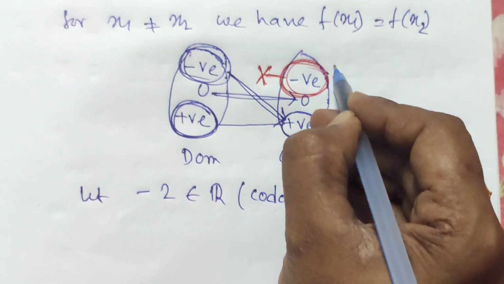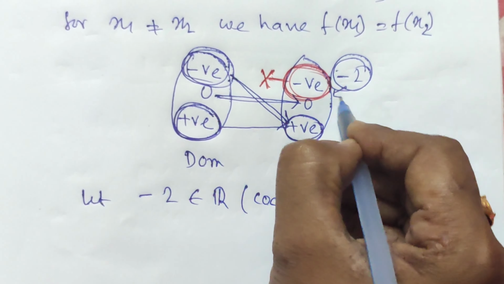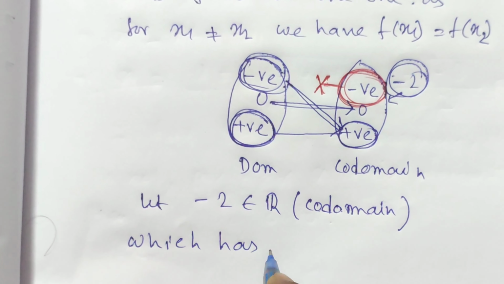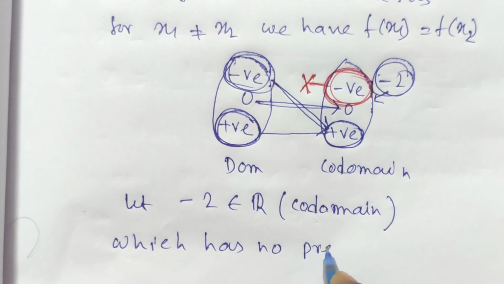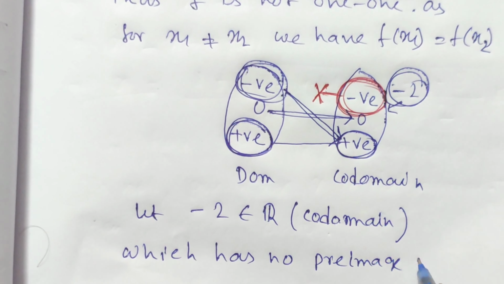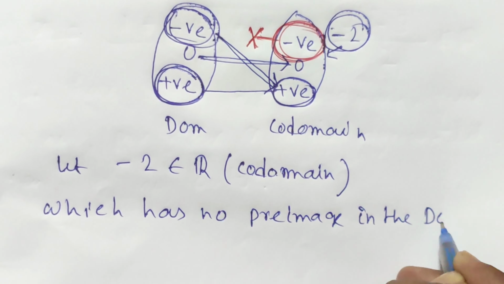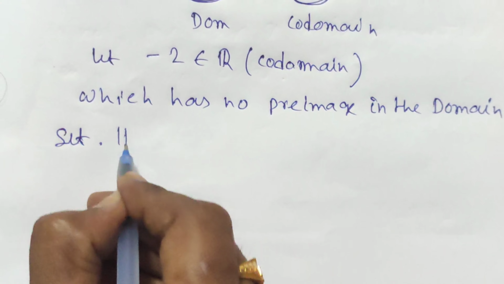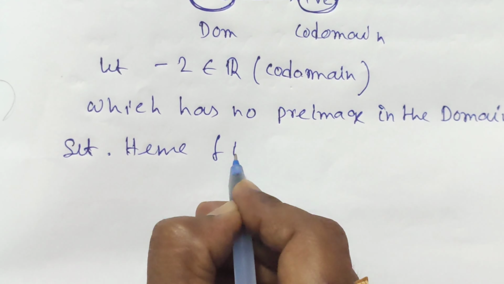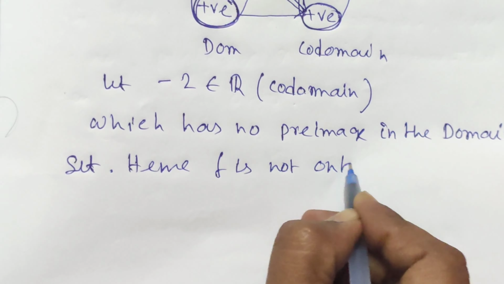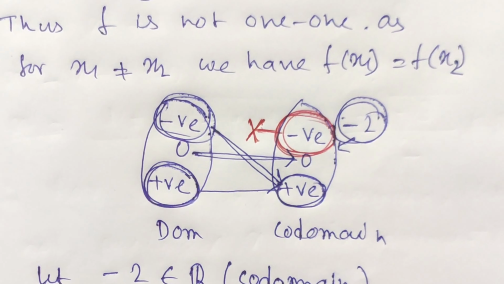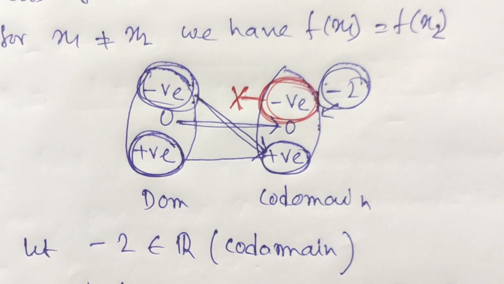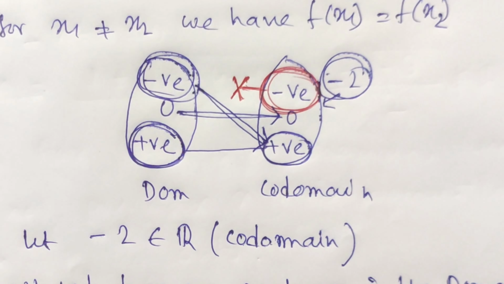So we have taken a number minus 2 from the codomain set which has no pre-image in the domain set, right? Hence f is not onto. This is true for all the negative numbers of the codomain set. So we can say that mod x is neither one-one nor onto.